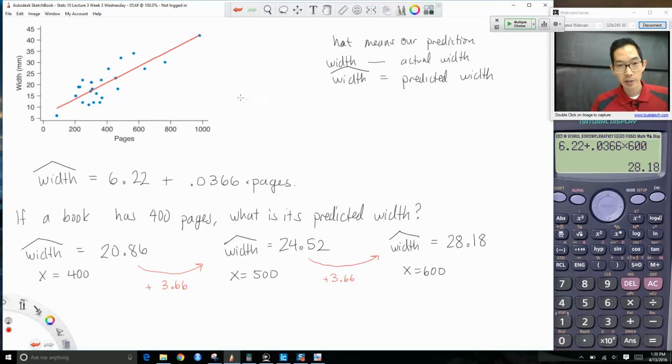So here's our generic interpretation of the slope: how much we expect y to change, or how much our prediction of y changes, if we increase x by 1.